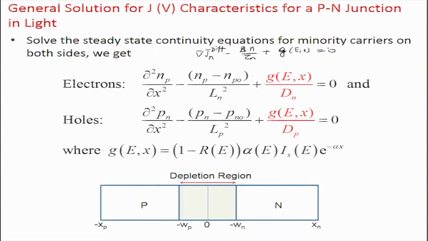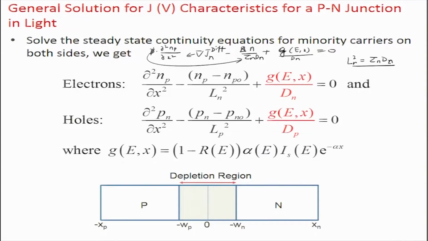This is the continuity equation. This was D del 2 Np divided by del x2, so we have brought D here. If you remove D from here, it becomes Dn, and Ln square is equal to tau n Dn, right.